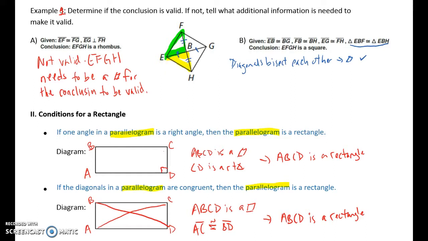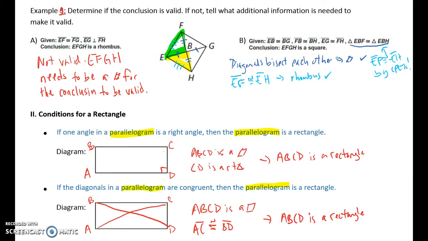What do you think that would be? Well, that would mean these two sides are congruent by CPCTC. So we would be able to say EF is congruent to EH by CPCTC. So that means if EF is congruent to EH, I have a pair of consecutive sides that are congruent, so that means it's a rhombus.